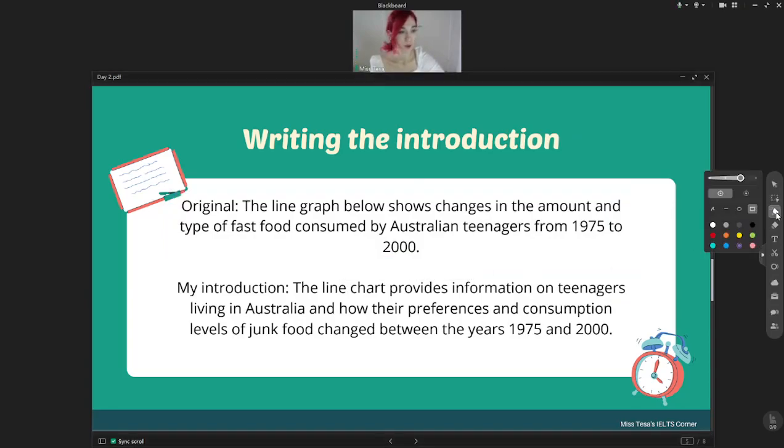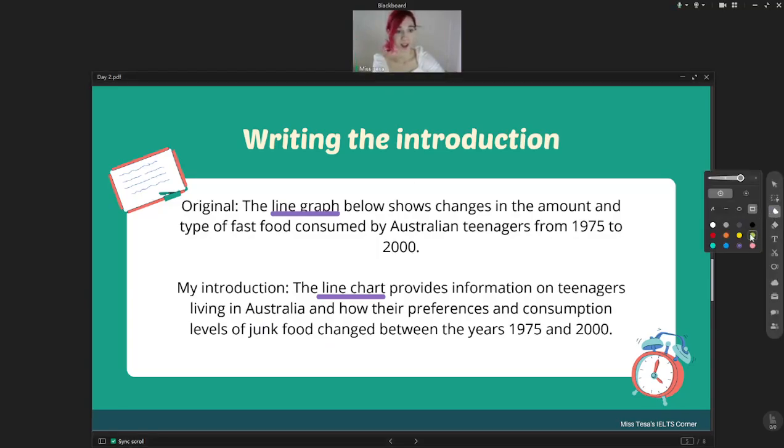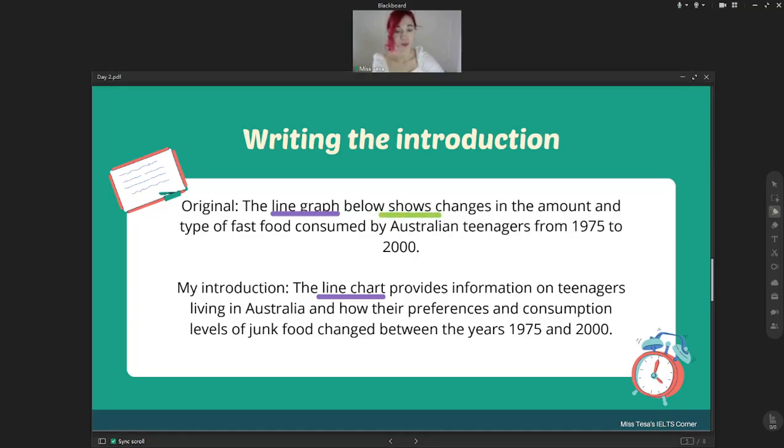Okay, so first of all, we can paraphrase the beginning itself, the line graph. Instead of saying the line graph, I said the line chart. Again, same thing. We're just saying it in a bit of a different manner. So now we have the line chart. Then the next thing that I decided to paraphrase was shows.